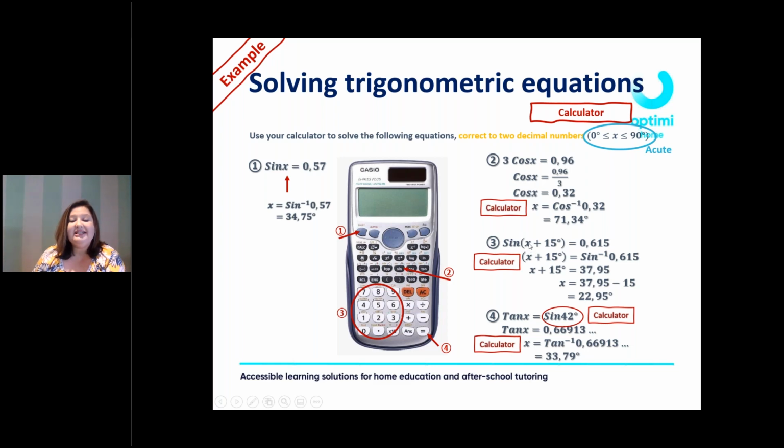When you have something more than just one symbol representing your angle, you need to think of it as your entire angle. And then lastly, they can also give you a trigonometric expression, but one that you can actually calculate. Tan x, you can't punch into your calculator and just get an answer, but with sin 42 degrees, you can.